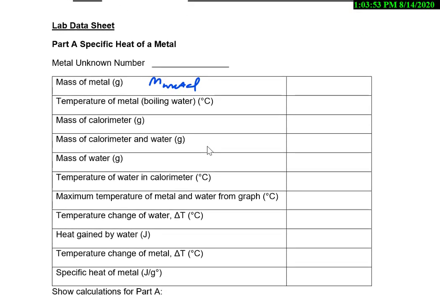So here for part A, what we've done is we have taken a hot piece of metal and put it into water. So here, once again, we are going to be focusing on two equations. Q equals mass times specific heat times change in temperature. We see that our mass of metal will be given here.